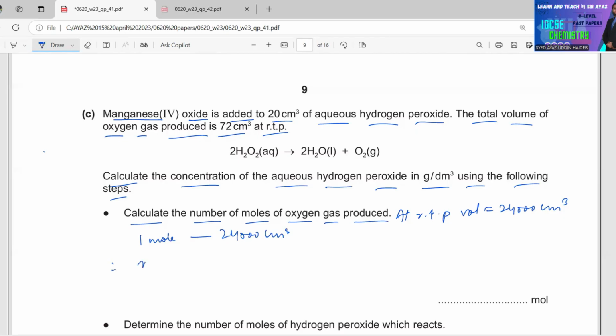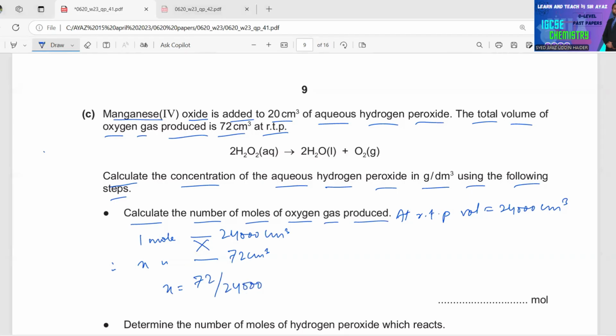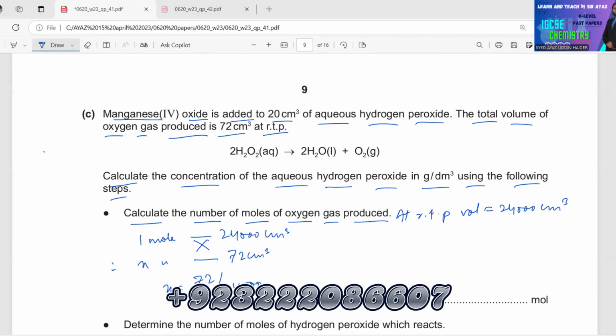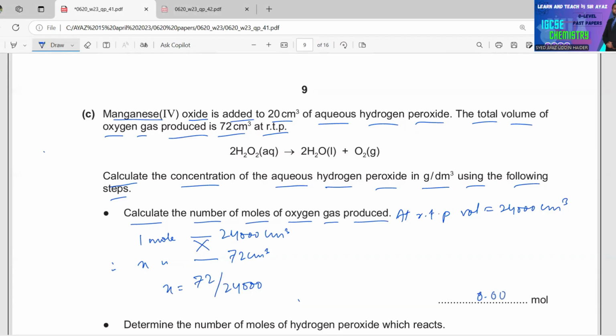Therefore, there will be X mole for 72 cm3. Do the cross and the equation becomes: X is equal to 72 divided by 24,000. 72 divided by 24,000 gives 0.003. These are the moles of oxygen.